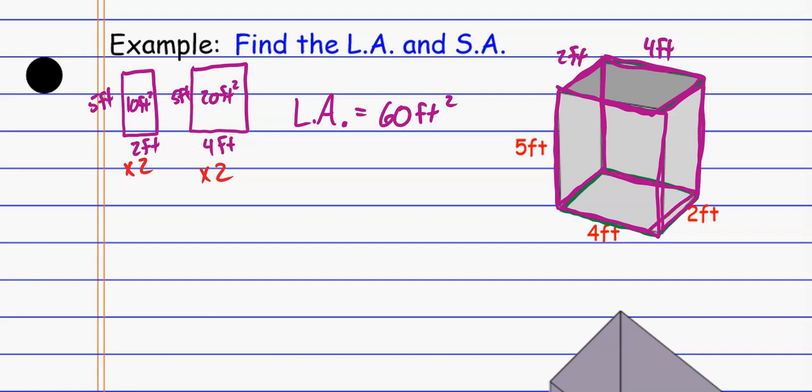It's going to be a 2 foot by 4 foot piece. So the top of this thing has an area of 8 square feet. The bottom has an area of 8 square feet. And so when I think about the area of the bases, I get an additional 16 square feet here. And so the surface area is just everything added together, so that's 76 square feet.